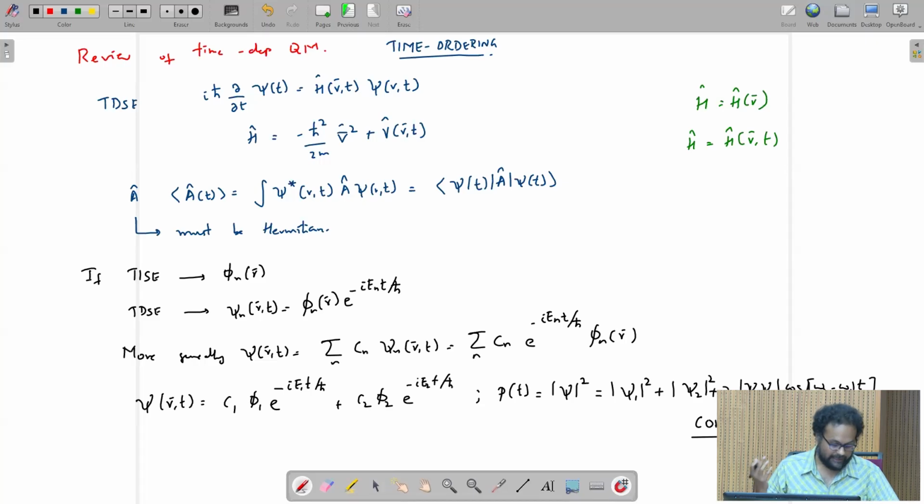By the way, this time oscillating form can also have an additional time dependent phase factor, which I have not written out, that can arise from complex expansion coefficients, which has some important significance later on.